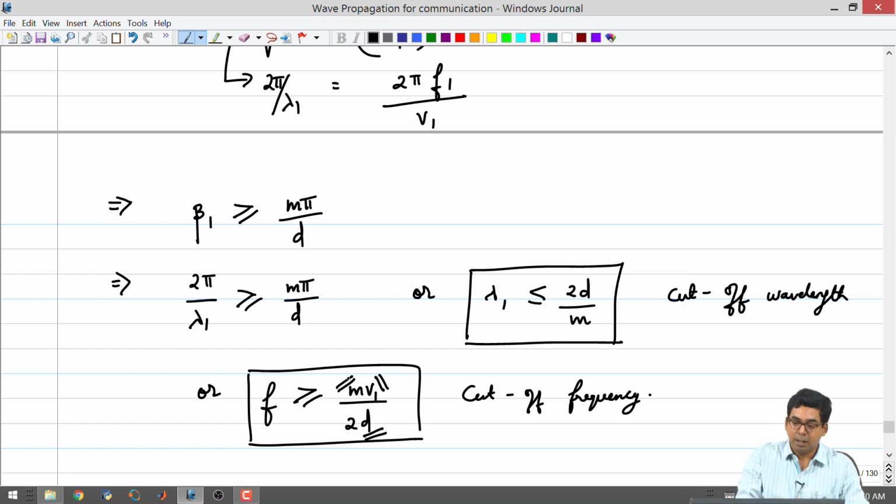You have to choose the frequency carefully, the velocity, the distance between the two plates, the angle of launch, and the profile of the electric field that you want, and all of them have to be chosen carefully. Then you will get a transmission. And inherently the waveguide is going to be a high pass filter.